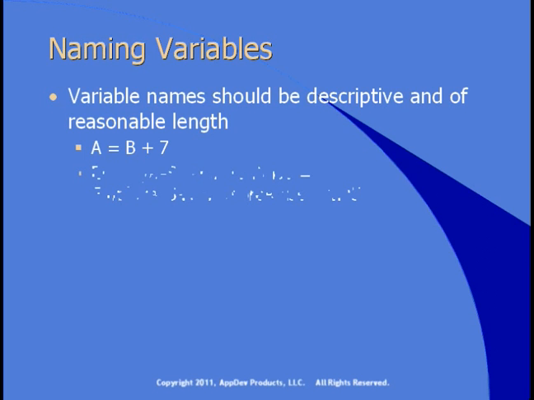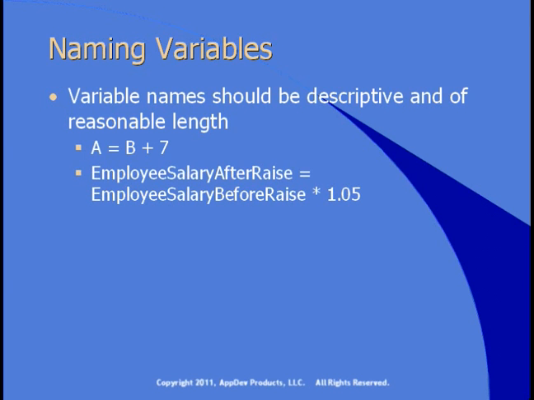Consider another line of code that says the salary that the employee gets after receiving a raise equals the salary that the employee is making now before the raise happens times 1.05. Well, those variable names are pretty descriptive, but they're awfully long. So maybe what you would do instead is have a line of code that reads new salary equals current salary times 1.05.